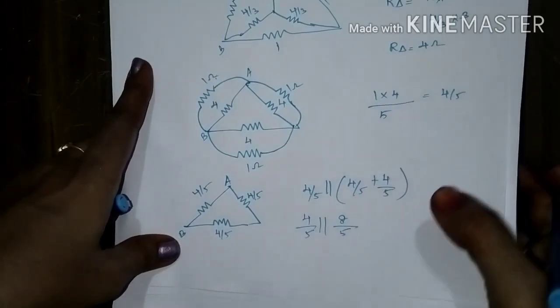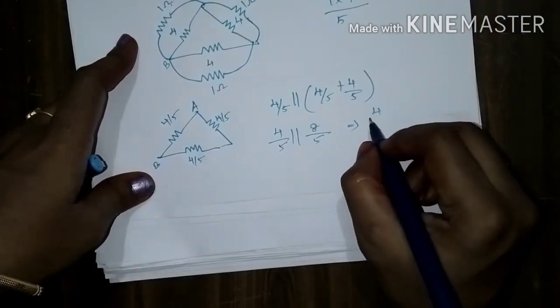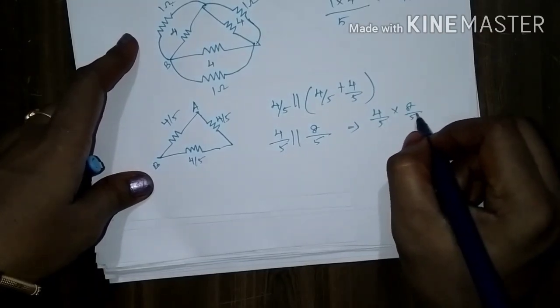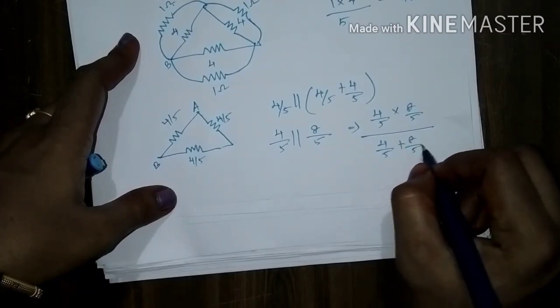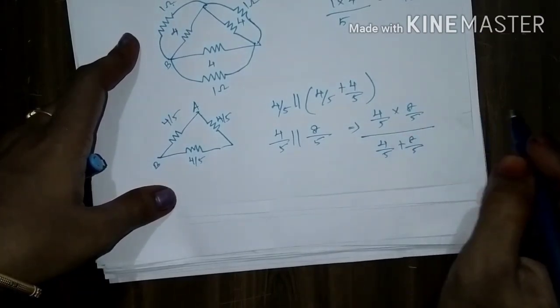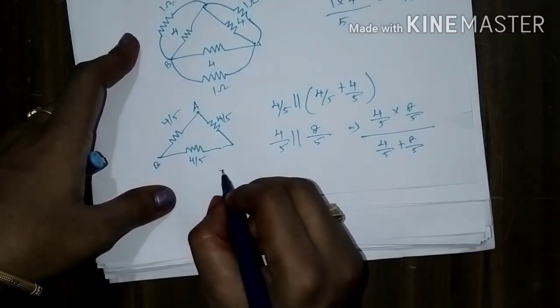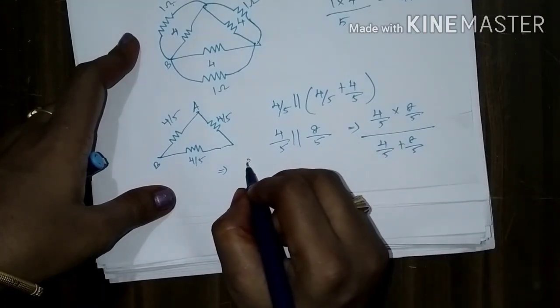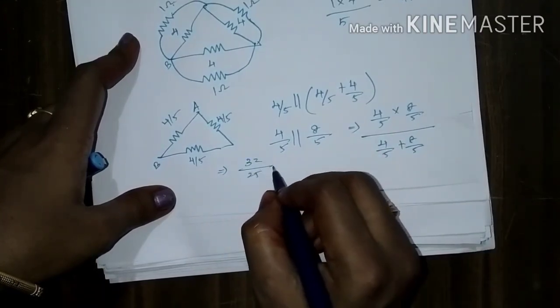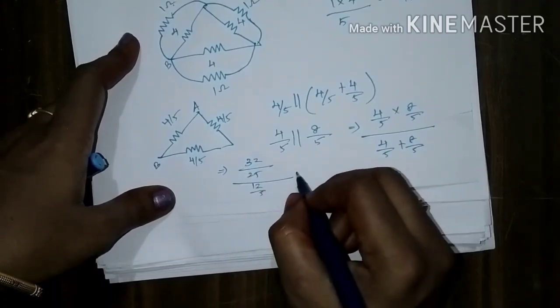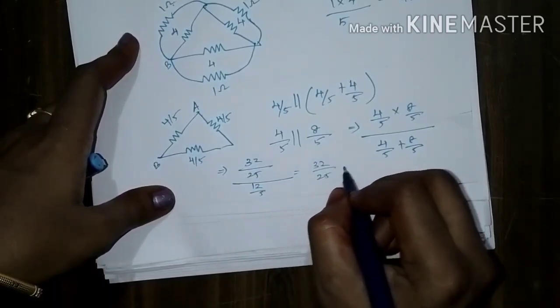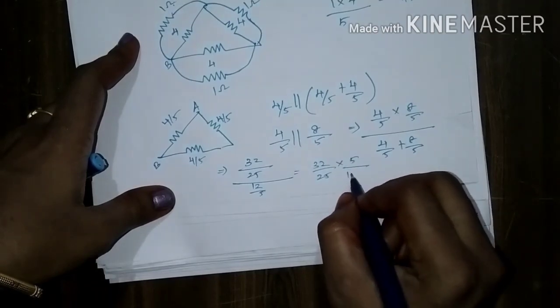The parallel connection can be found by 4 by 5 into 8 by 5 divided by 4 by 5 plus 8 by 5. It is the parallel connection formula, that is the product of resistances divided by the sum of resistances. That is 32 by 25 divided by 12 by 5, which is equal to 32 by 25 into 5 by 12.